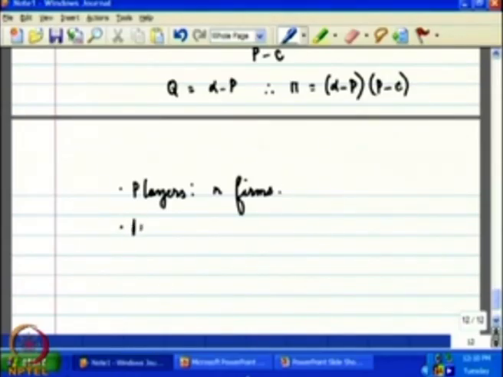Two, prices. So, what are the prices in this model? Prices are any non-negative numbers. Sorry, I should not have written prices. This is actions. Prices are the actions.